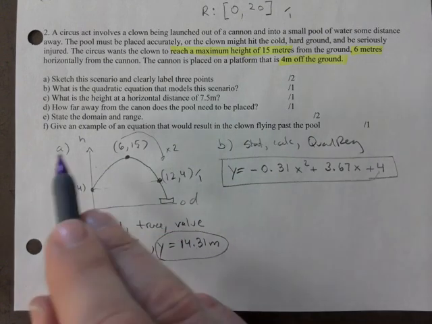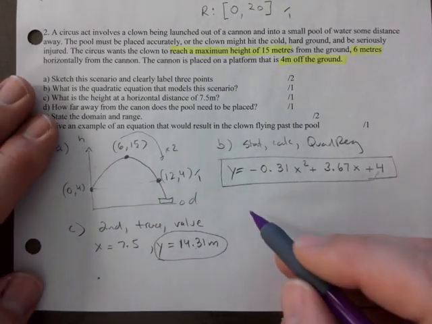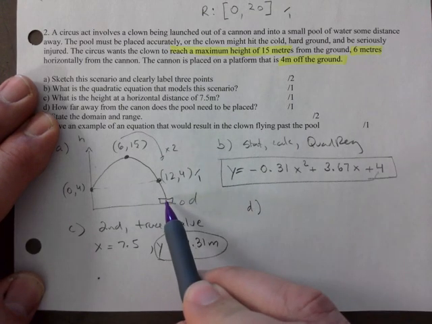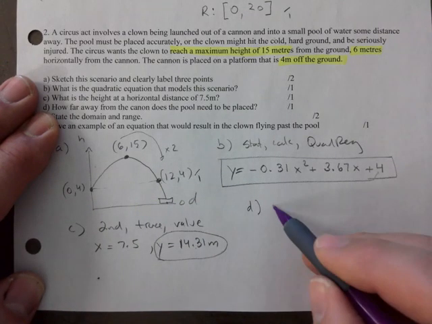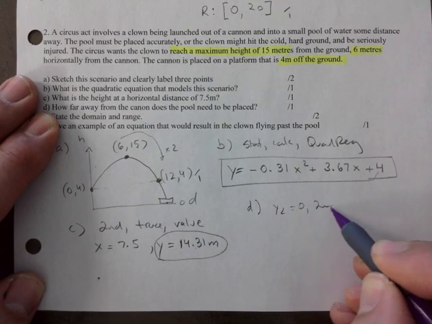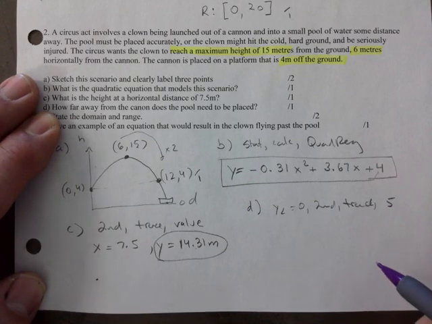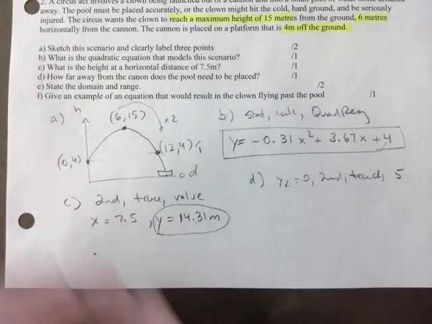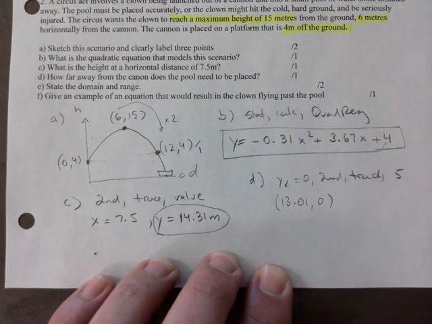D, how far away from the cannon does the pool need to be placed? And so basically we're going to find this x-intercept here, right? Not this one here, we don't care about that one, but this one here we do care about. So y2 is equal to 0, second trace 5 for intersect. And let me just scroll this down. I get 13.01.